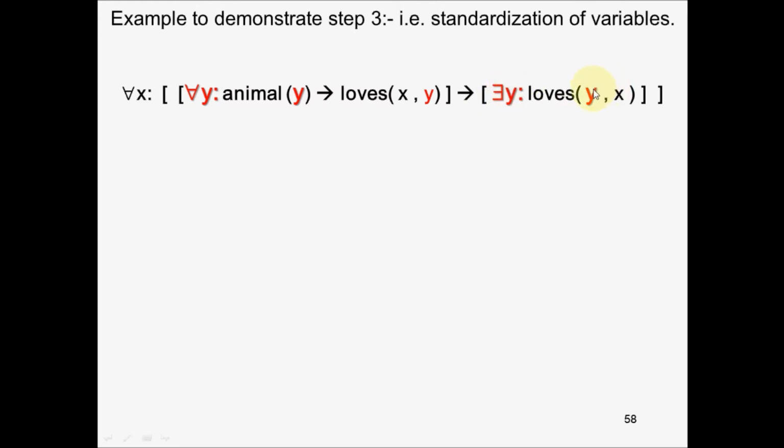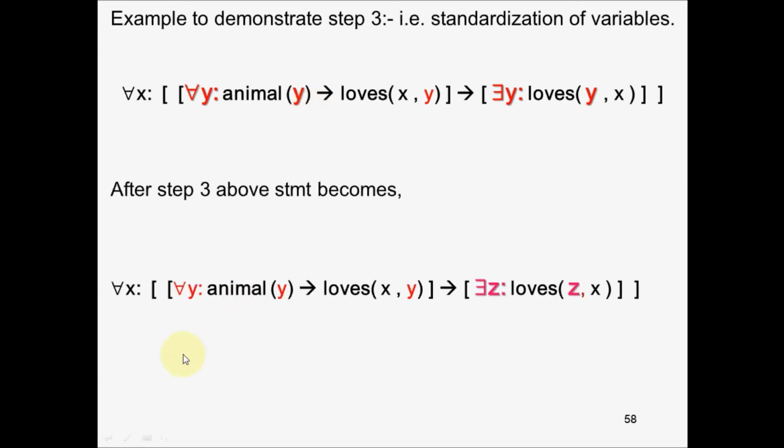So there is sheer confusion here. Such kinds of statements require standardization. So after application of the standardization step, the same predicate statement now reads like this, where y has been changed to z.